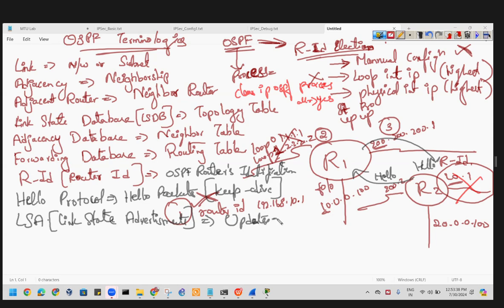LSAs are used to share the routing updates. Routing updates are exchanged with LSAs. There are totally 12 types of LSAs, out of which 6 are very important. So we will discuss those 6 types in some time.